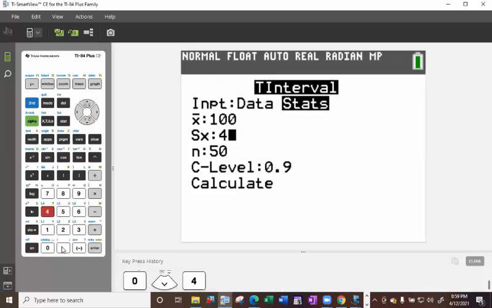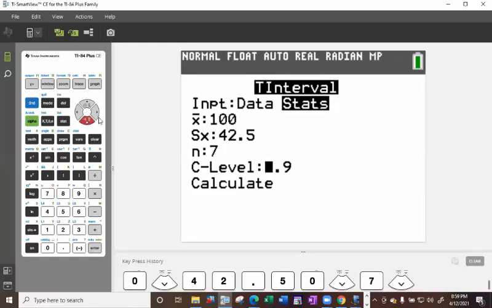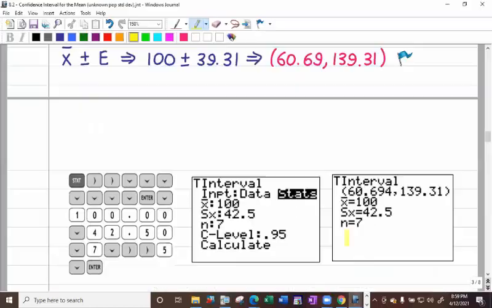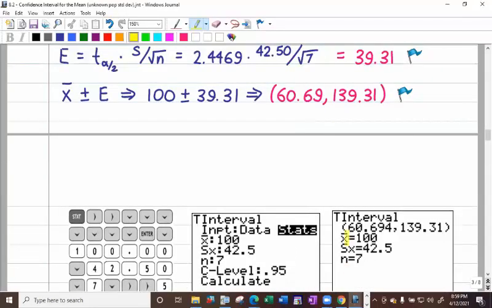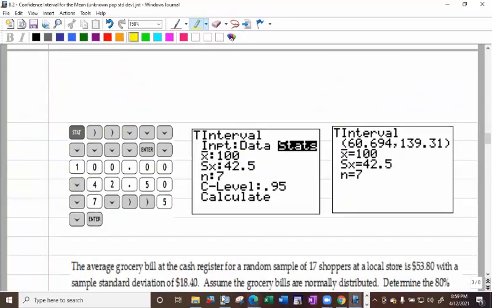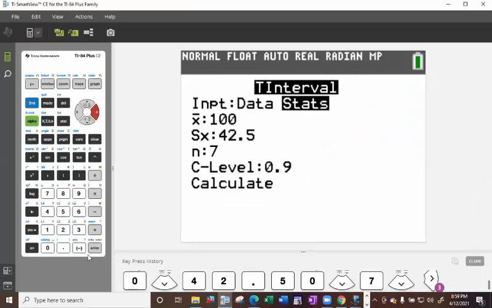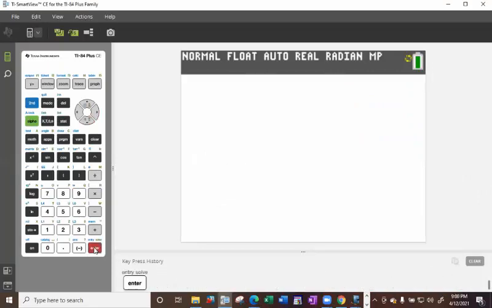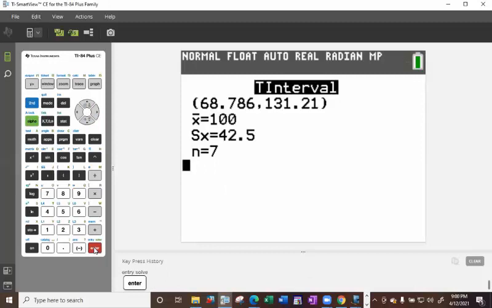4250. Yeah, that would be more than just a rounding situation, I promise you. 7, and it was 90. Crap, I forgot. 95. Make sure everything else is okay. 4250, yeah. What?